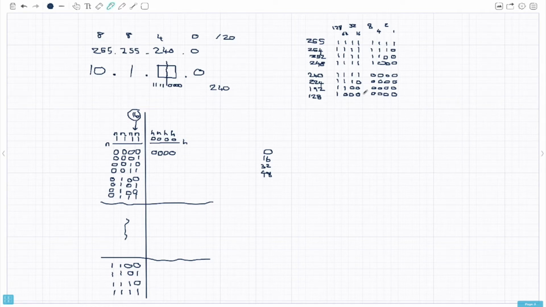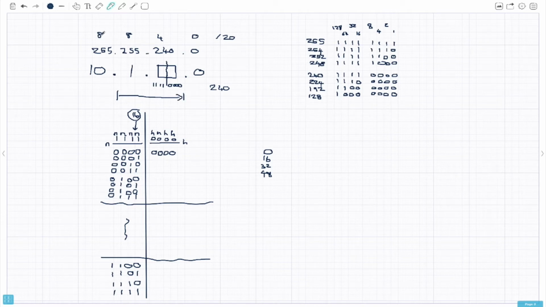Now remember the rule about the zeros and the ones. We don't like any field having all zeros in it, so we tend to not use the 0 if we can help it. There is a little bit of a trick here in that we are actually using 8 plus 4, 12 bits of subnetting.